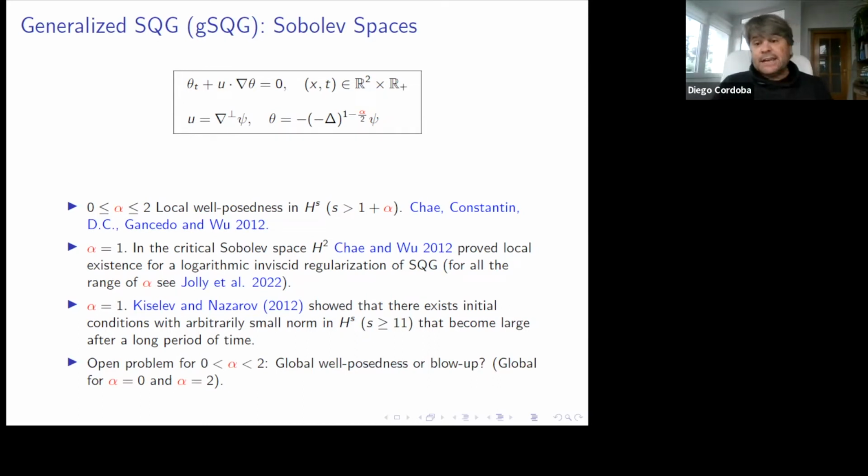Okay, so for alpha equal to 0, we have the 2D Euler equations, and if we are in the space H^(1+epsilon), then we know that there's global existence. And for alpha strictly bigger than 0, we have no clue.